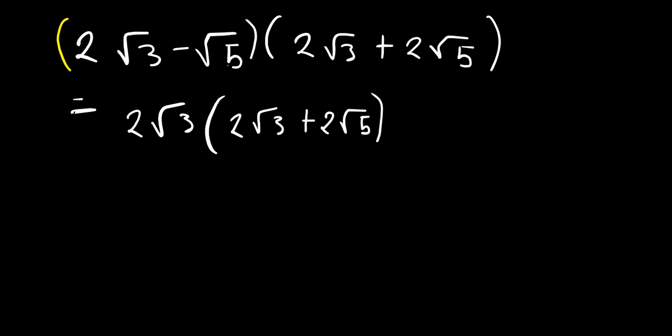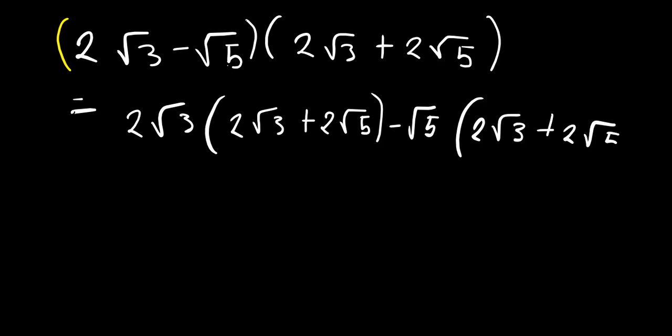Then on the other hand, your negative root 5 is multiplying by everything that is in the brackets, 2 root 3 plus 2 root 5. Now how are we going to solve this? It's the same principles. This 2 multiplied by this 2, root 3 multiplied by root 3. So let's proceed.